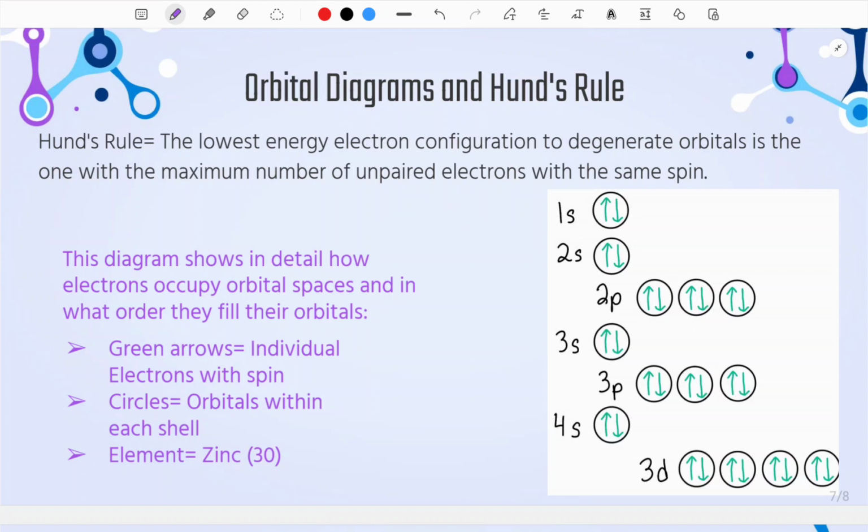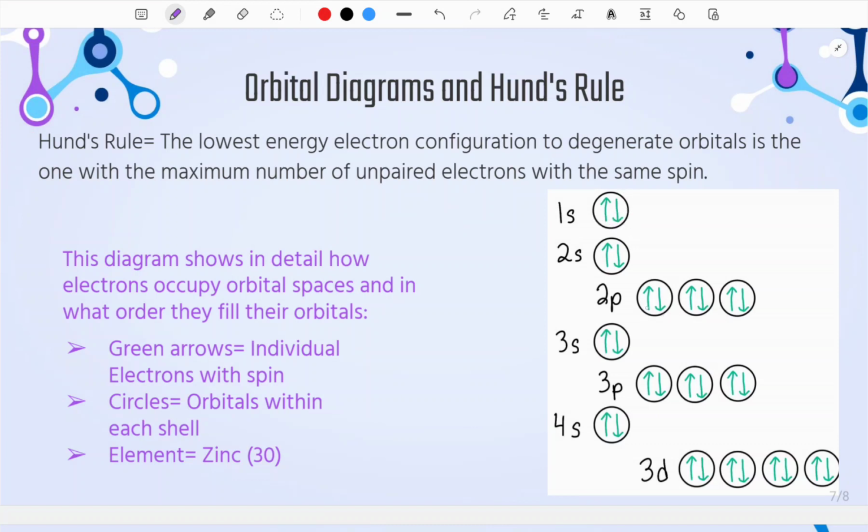And then Hund's rule kind of just says that the electrons are going to fill all of the orbitals once before they put a second electron in each orbital. So if you look at this diagram over here, this one is full. This is going to be your zinc element. It's going to be number 30. But what it's saying is it's going to fill this one, and then it's going to fill this one.